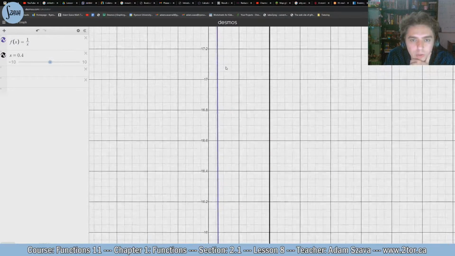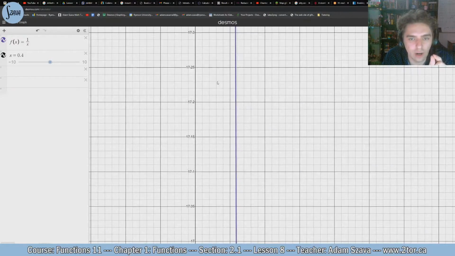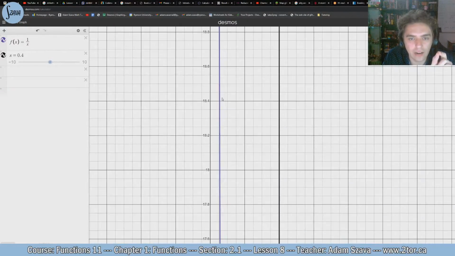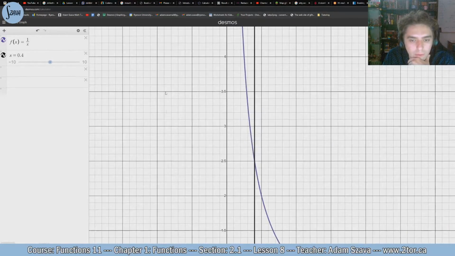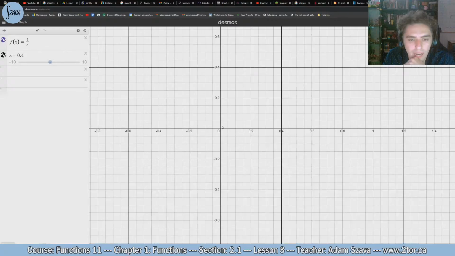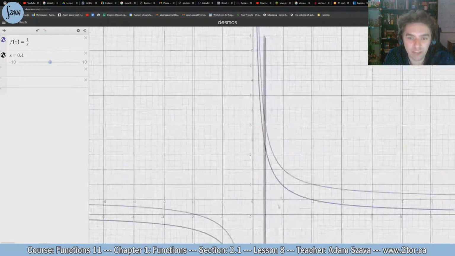As our x value gets closer and closer to 0, our value goes higher and higher and higher. And so you may say, well, what if we actually got as close as possible to 0? Well, we'd kind of go to infinity.